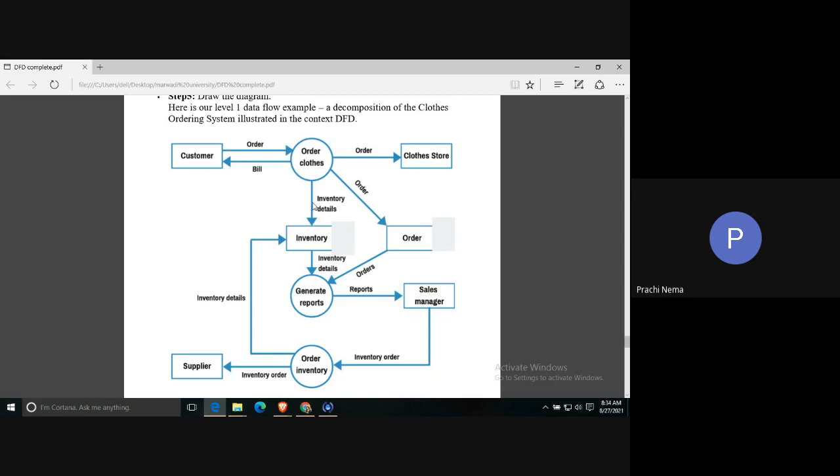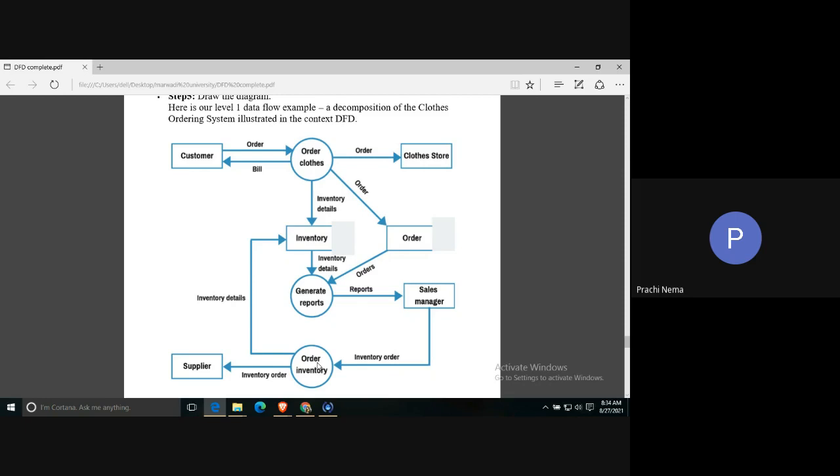See here there are 3 circles, 3 bubbles. So you are going to have order clothes process, generate reports process, and order inventory process. Or you can say sub process, because the complete process has been divided into these. So order clothes, generate report, and order inventory. These are the 3 processes which you are going to have.